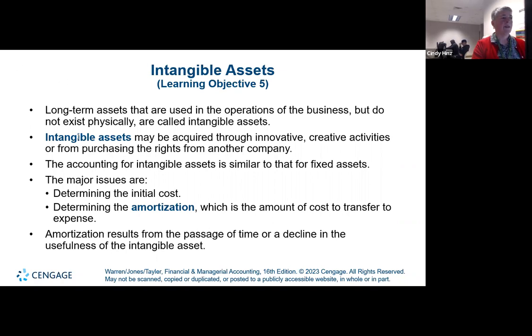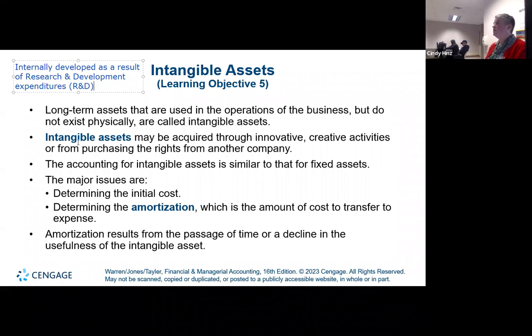Many intangible assets that companies might legally own do not appear on their financial statements, because if they are internally developed as a result of research and development expenditures, also known as R&D, the requirement is that R&D is expensed immediately.